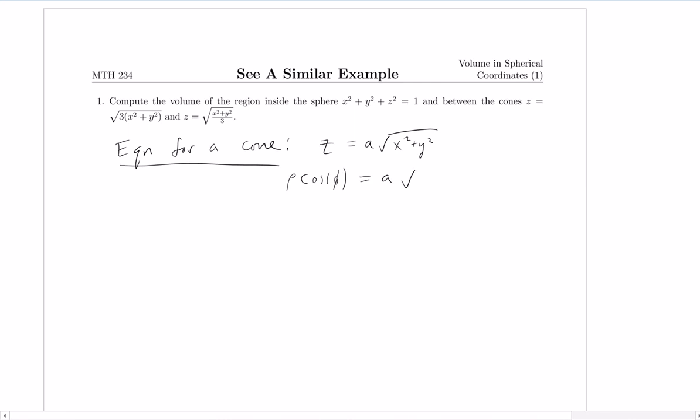And x is rho sine phi cosine theta, and it's squared. And y is rho sine phi sine theta, and y is squared. And we can simplify this.